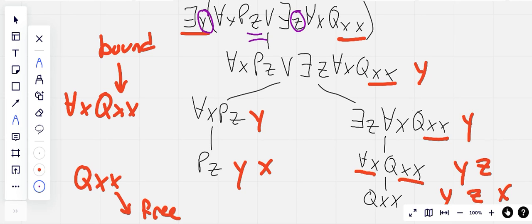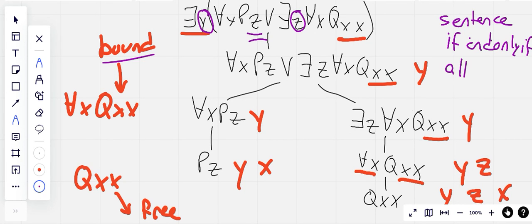The last thing that we can do with this exercise is to look at what are sentences and what are not. A well-formed formula is a sentence if and only if all variables are bound.